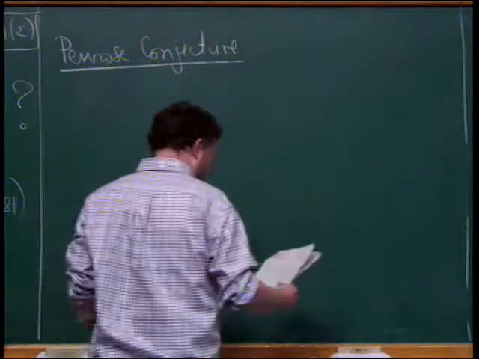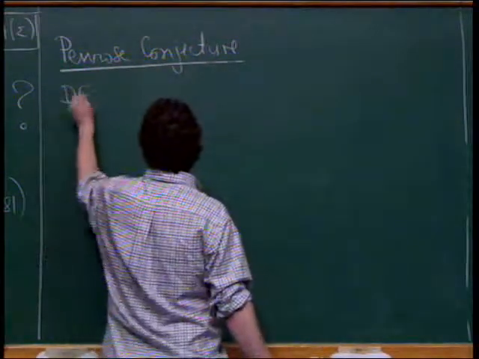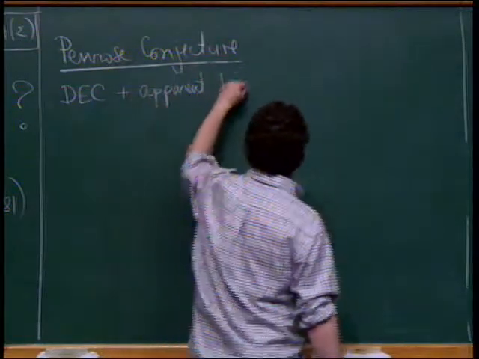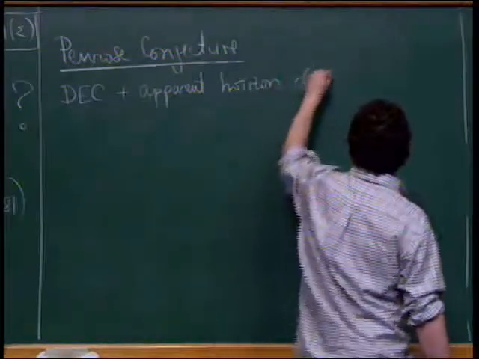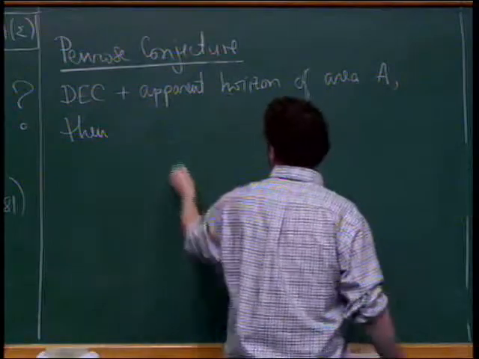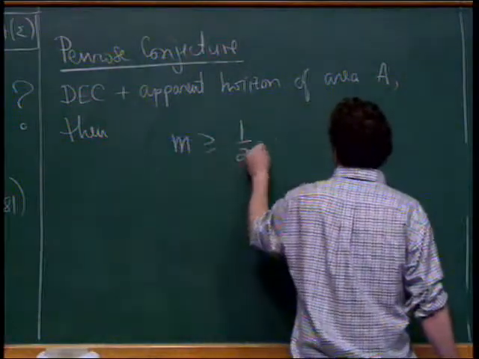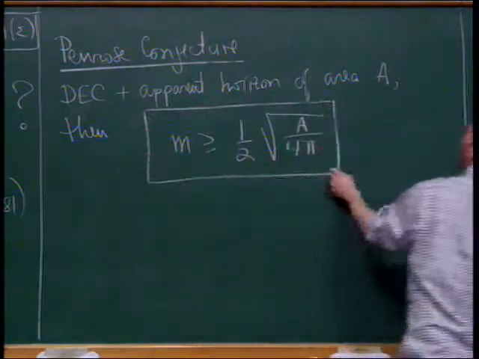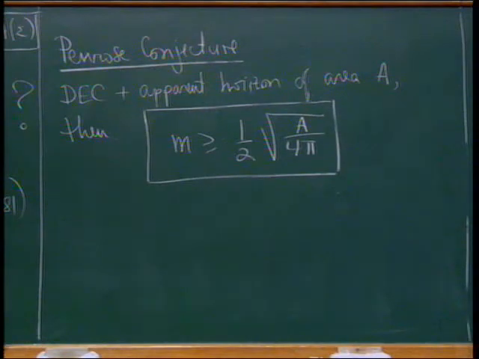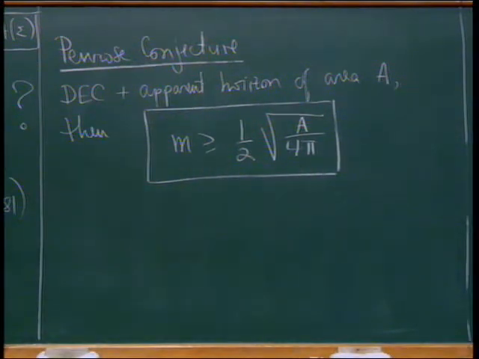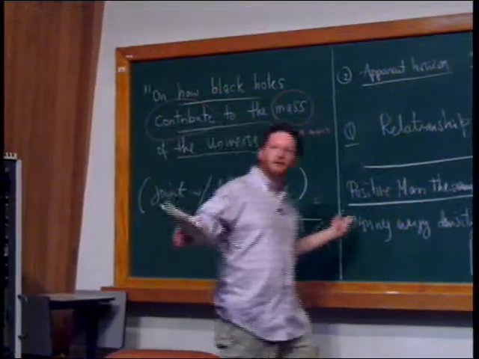The Penrose conjecture says, well, this dominant energy condition plus an apparent horizon of area A, then the mass is greater or equal than a half square root of A over 4 pi. So this is the conjectural relationship between the mass of the universe and the area of the apparent horizon.